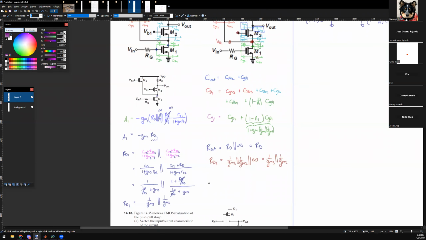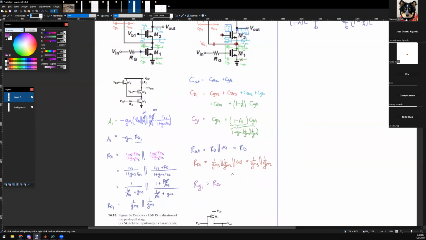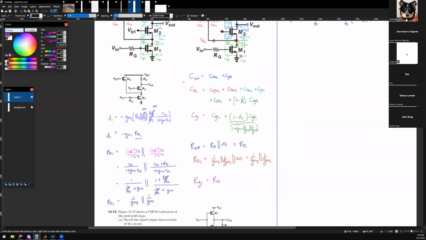That makes more sense. Then lastly, the resistance on the gate of M1 to the left is infinity and to the right is RG. So the poles of the circuit are just 1 over RC, 1 over RC, 1 over RC. Are there any questions there? No, that makes sense.